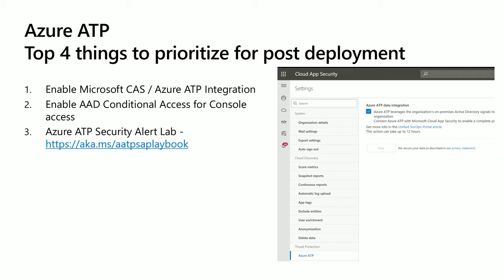The next thing is, we actually have documentation on a security alert lab for Azure ATP, so that we can walk you through setting up a lab and the tools that you need to download and install, and we walk you through all of the steps. From a reconnaissance phase, lateral movement, to domain dominance.